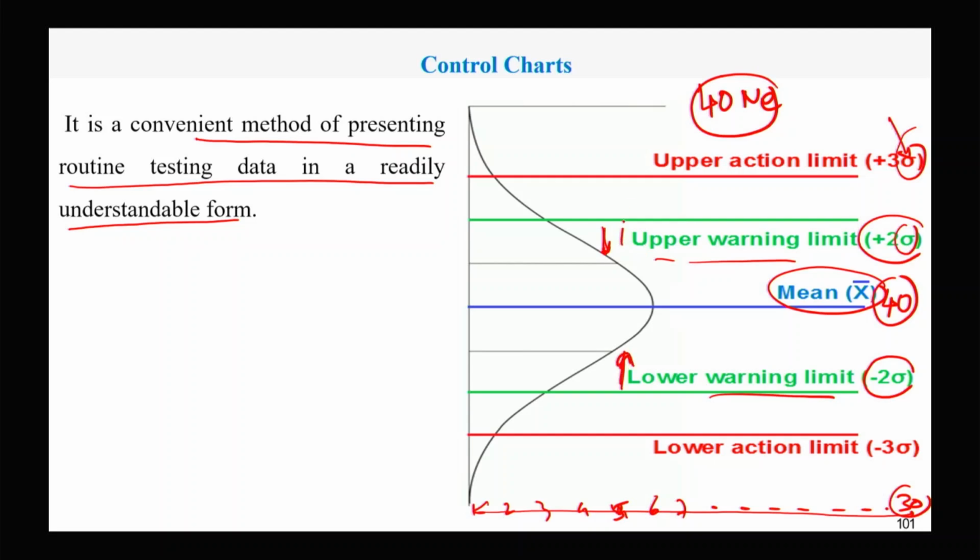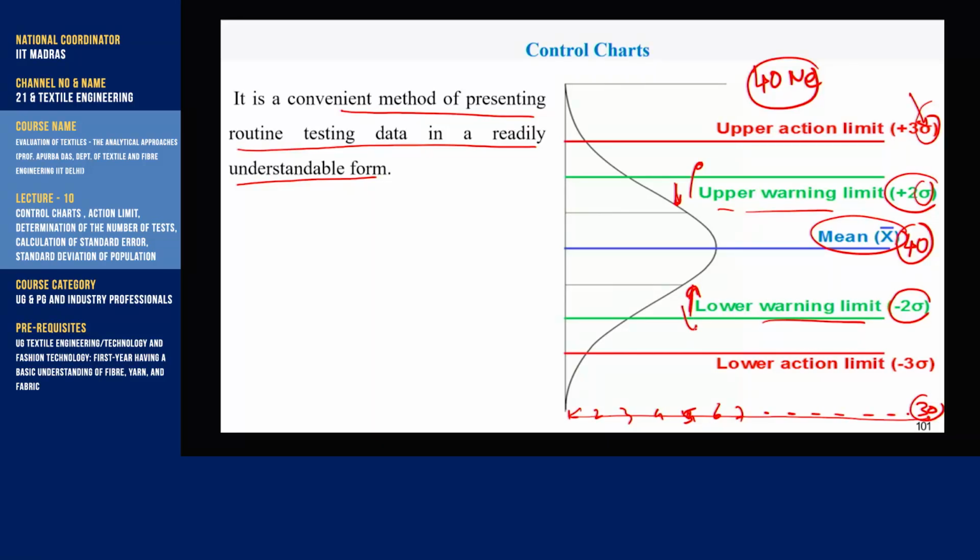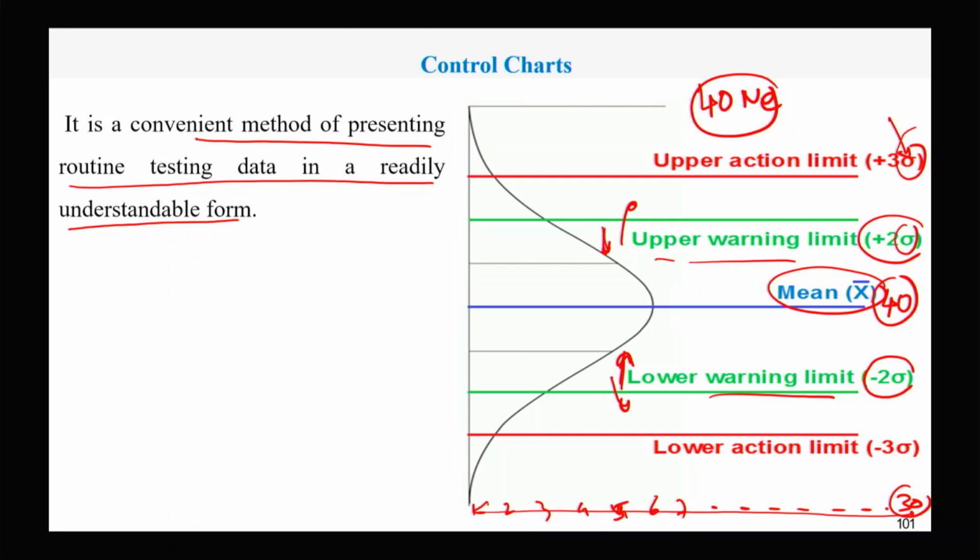But once the data goes beyond this limit, we should not stop our activity, but we should give a warning to the production section that something is wrong there. One should try to adjust the machine and bring the count within that limit.